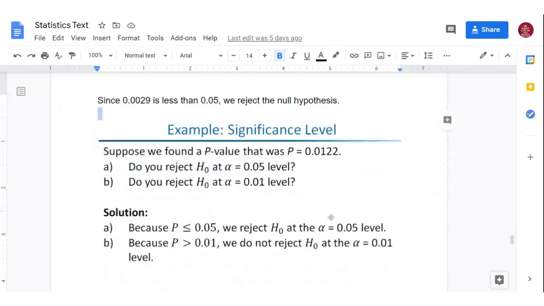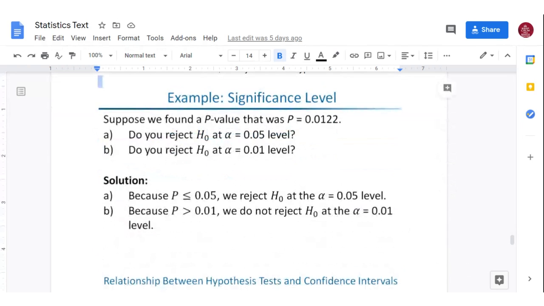All right, so you just got to remember that the level of significance can change things. So suppose that we did our test and we came back with a p-value of 0.0122. You could almost just look at those first two digits to help do this, but it's just a little bit more than 0.01 because it's got the 22 behind it. So at the 0.05 level, we would reject the null hypothesis because 0.01 is less than 0.05.